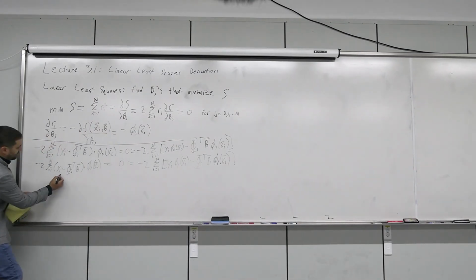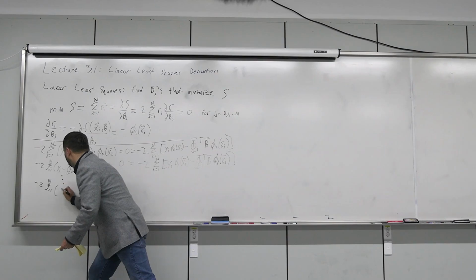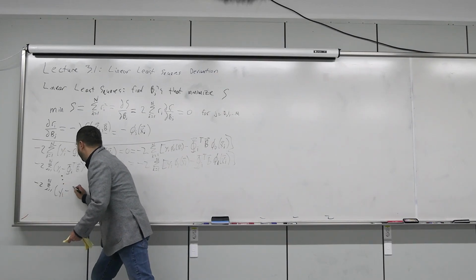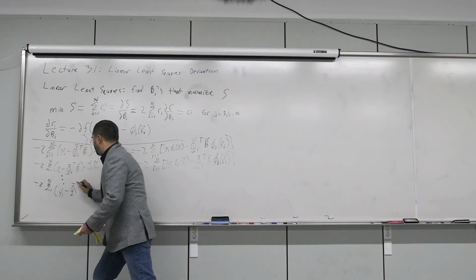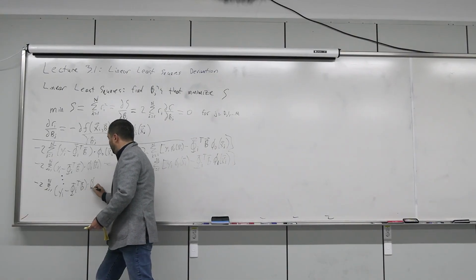And now I'm going to do the dot, dot, dot. And now it's -2 summation of i equals 1 to n of y_i minus our vector beta times phi m.